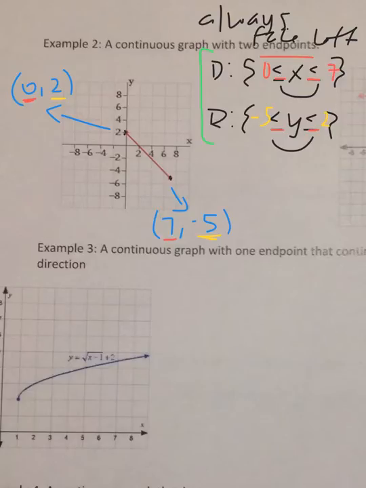And then if you look at your y values, they are going from 2 to negative 5. Those are your y values. And they're stopping. They have endpoints, and that's why you have to consider this spread of data here. And that's how you would write this one.